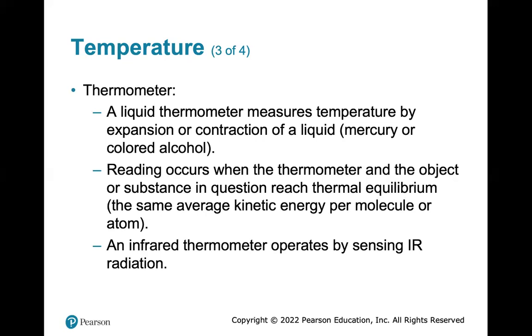The thermometer is at room temperature, and its warmth will transfer by heat. It'll transfer its energy to the cold bath, and once they come into equilibrium, you're actually reading the temperature of the thermometer.